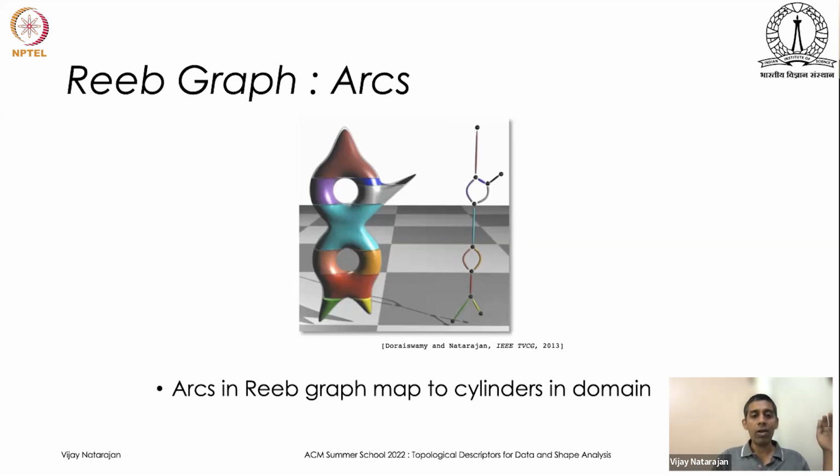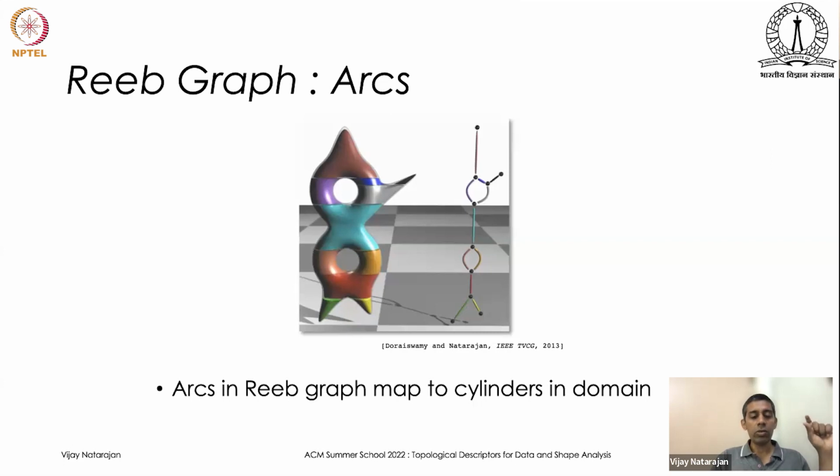You can deform one into the other. So you can take any example on the left to understand this. You pick, for example, any level set in the red cylinder. Each one can be deformed into the other, right? So this is a nice abstraction.